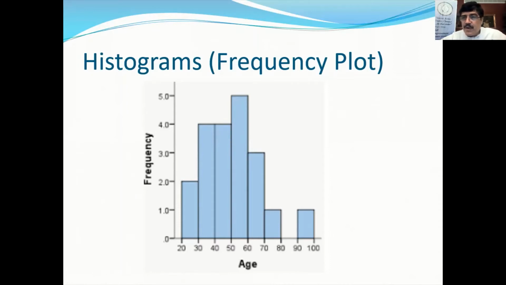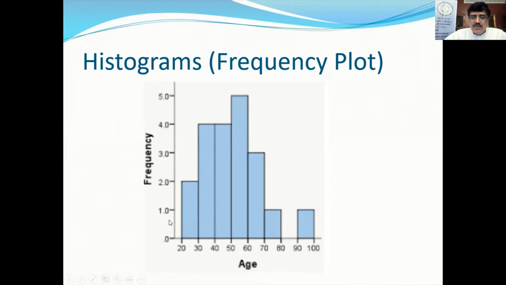A histogram, as we said in the data words before, is like the foundation block for all probability and statistics. So it's very, very important. This is what a histogram is. Basically, you're taking ranges, and for each range, you're plotting the frequency of that range.